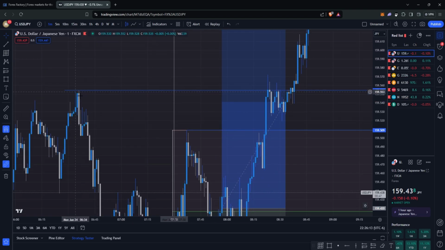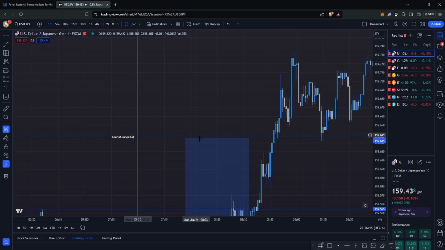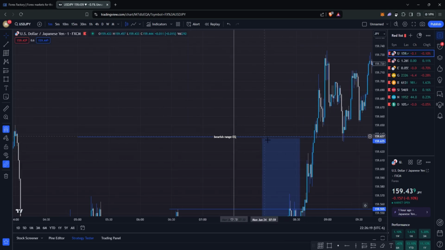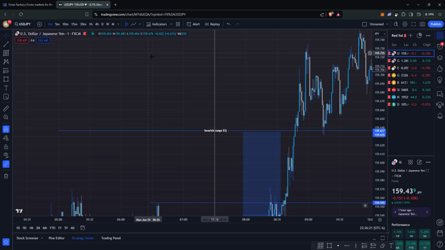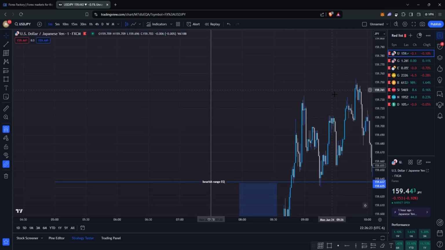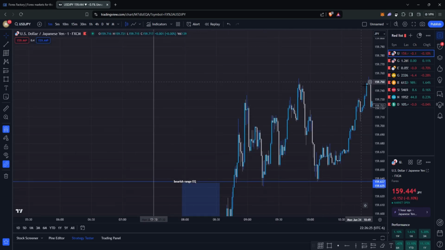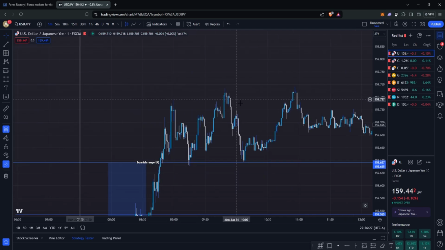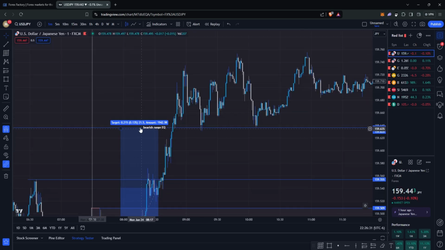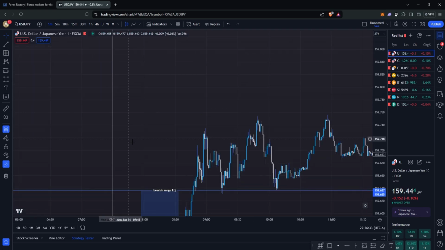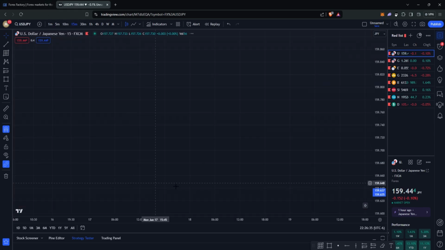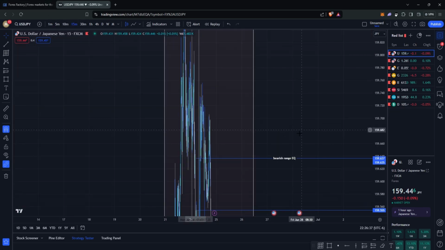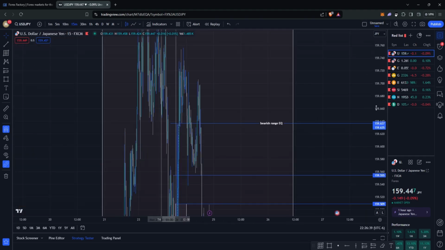I also had another take profit at this draw on liquidity, and then I had my third and final take profit at this 1 hour bearish range equilibrium. If I didn't want to have my final take profit at this range equilibrium, I could have had it at the bottom of this 15-minute fair value gap.